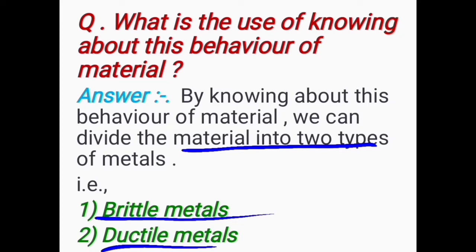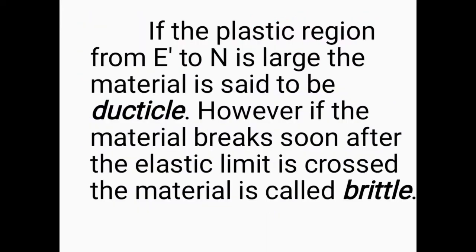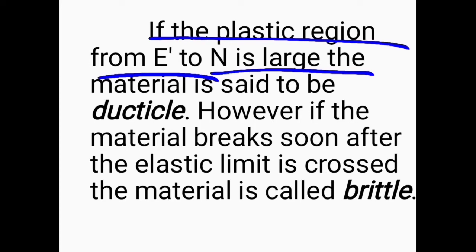Okay, do you know about what is a brittle? I will tell you from the graph. If the plastic region from point E dash to N is large, the material is said to be a ductile.